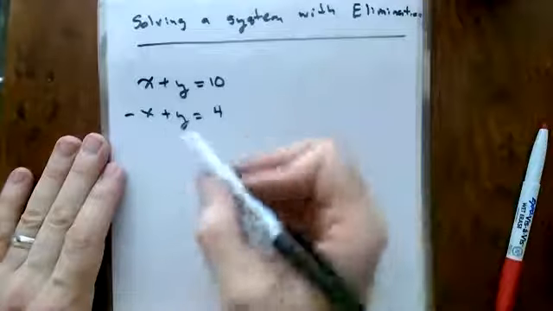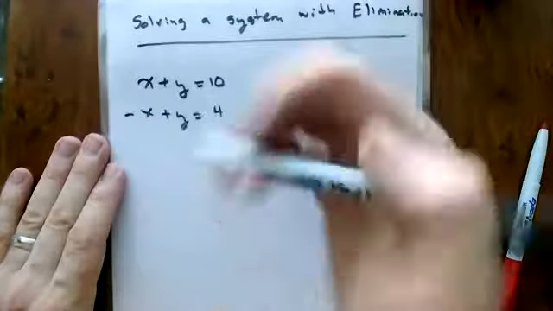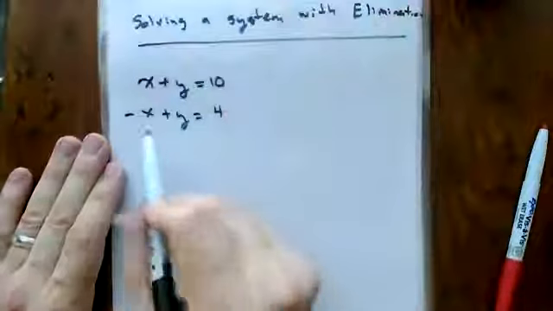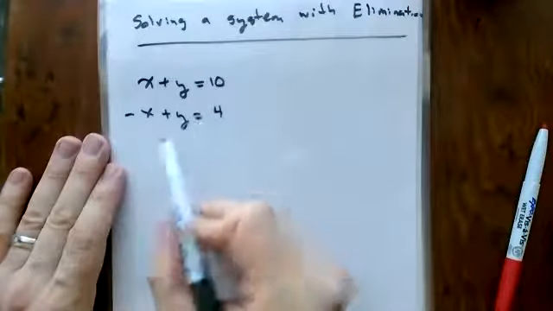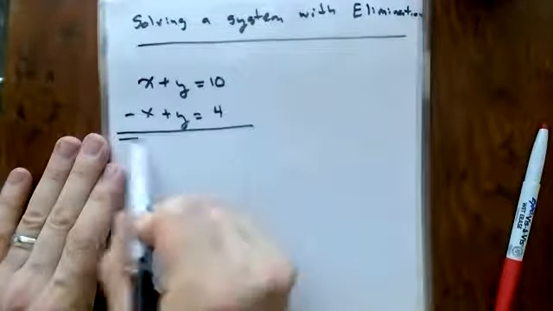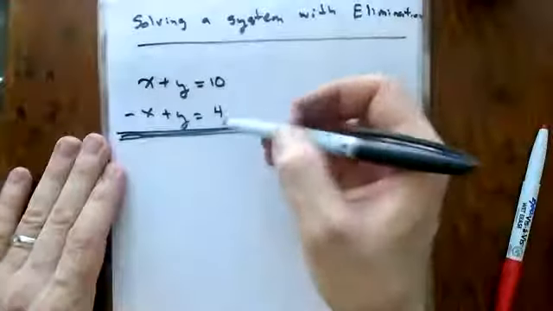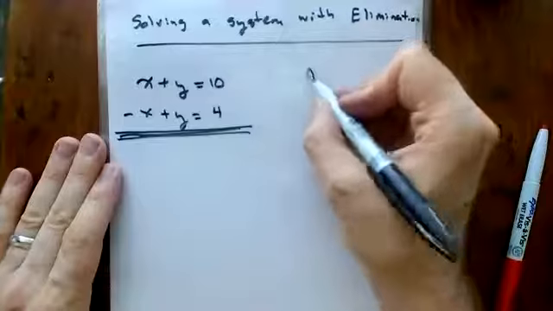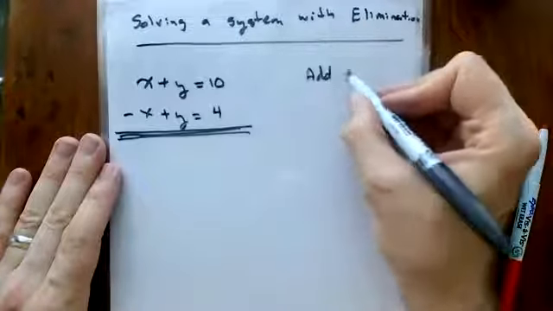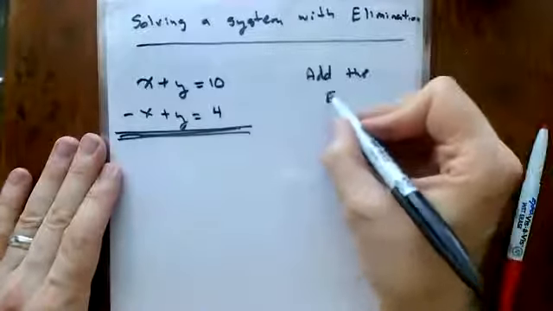If I think of this second equation, negative x plus y is equal to 4, as long as I add the same thing to both sides, the system remains valid.